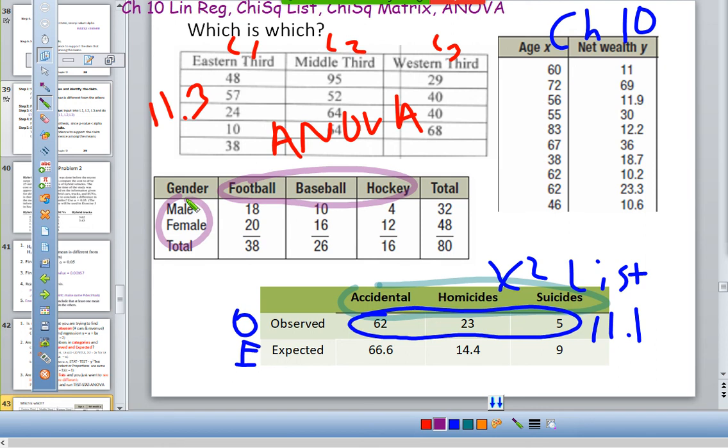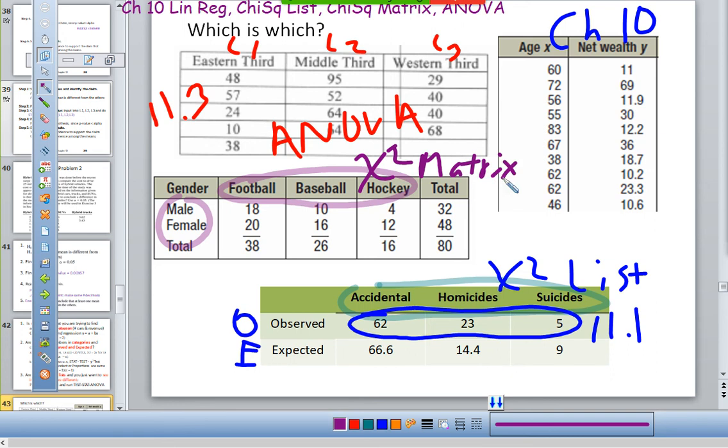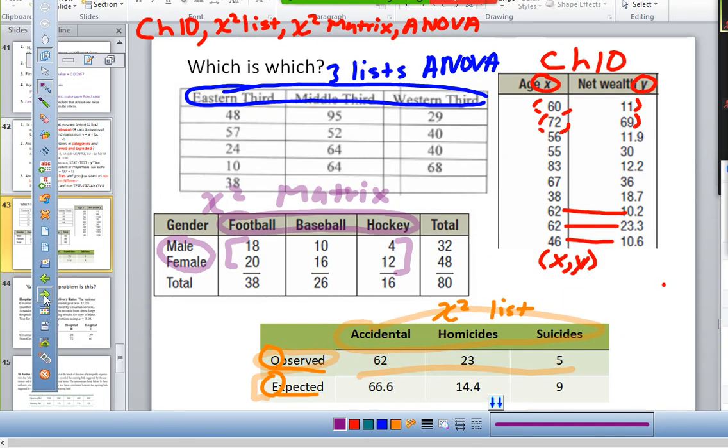Male and female are not observed and expected. Male and female are two different things. So we have categories here and categories there. So this one is my chi-squared matrix. All right, this one is 11.2.